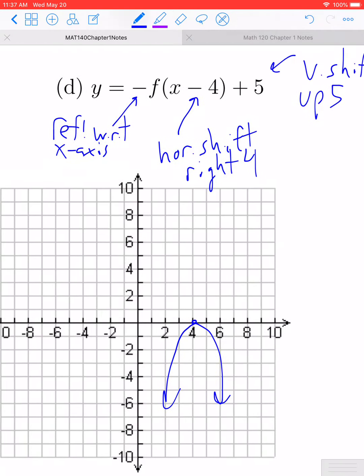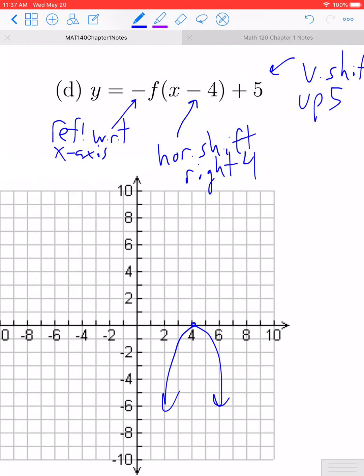And then the last thing we would need to do would be to take every point and move it up 5 units. So our vertex is now going to be located at the ordered pair (4, 5). This point here, which would have been at (3, -1), gets moved up 5, so it's now at (3, 4), because negative 1 plus 5 is 4.